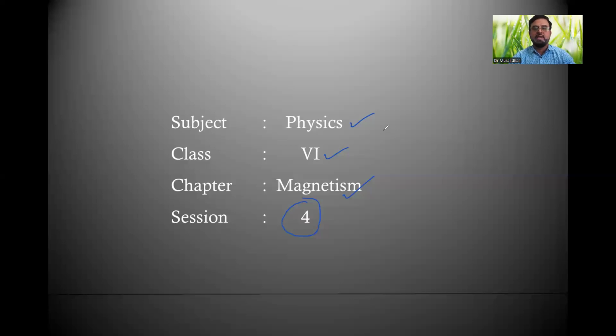So far we completed 3 classes in understanding the basic concept of magnetism, right? We started from the history of magnetism to the Ewing's molecular theory of magnetism. So this took 3 sessions for us. Today we'll continue where we left. But before that, let us recall what we learned in the last 3 sessions.